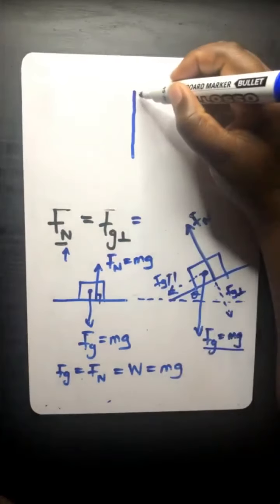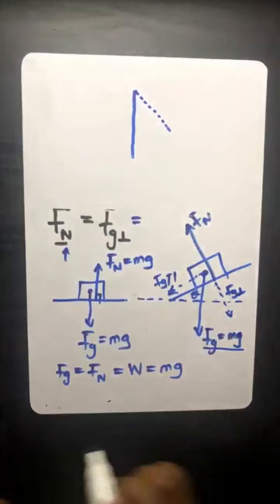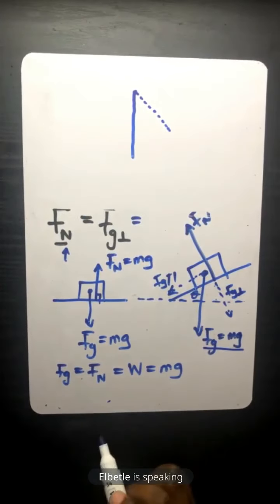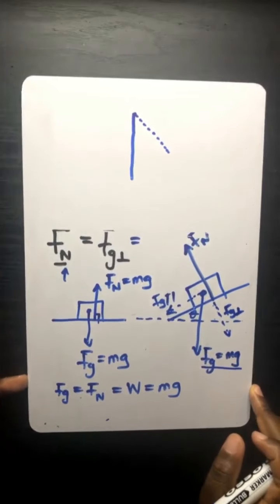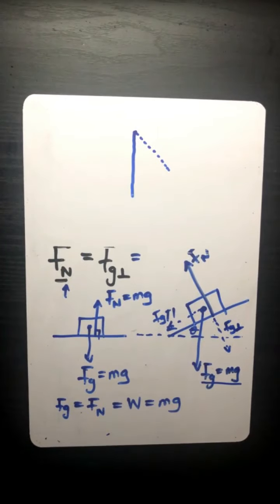So what I'm going to do now is draw that perpendicular line to that part. Okay, let me try to do that. Are you now able to see, guys? Yes, sir.